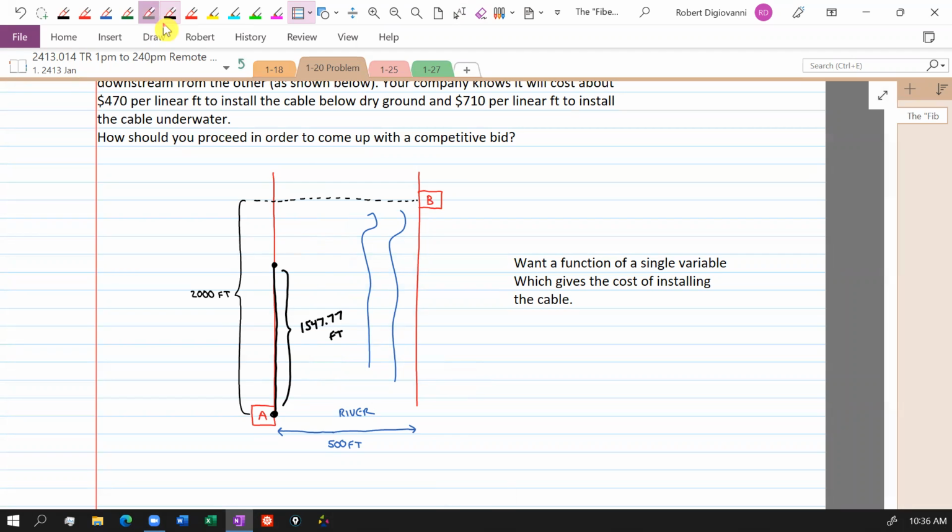Then you go straight across the river from there to there. That will go underwater. If you do that, that will be the cheapest way to do it, and it will cost you $1,206,112.60. And there's no better way to do it. That's the cheapest way to do it. All right.